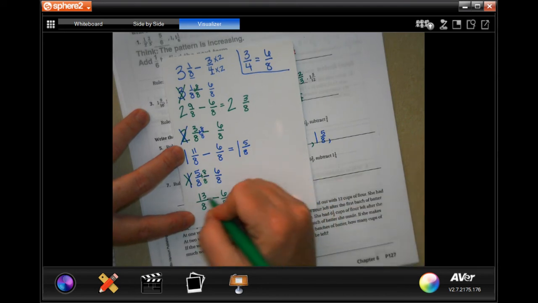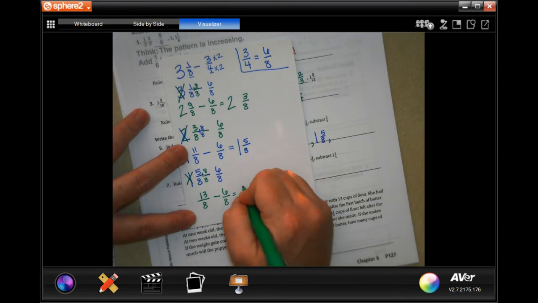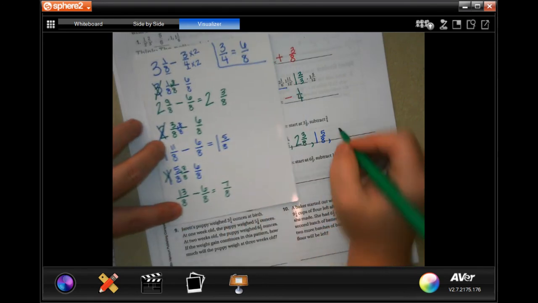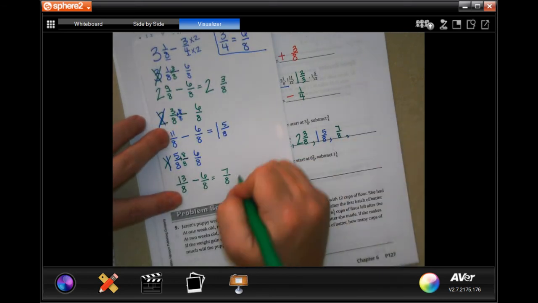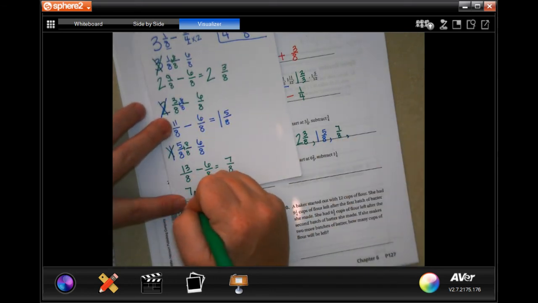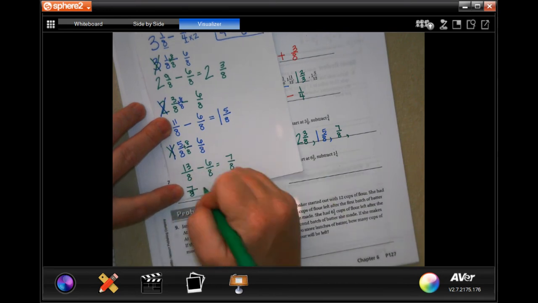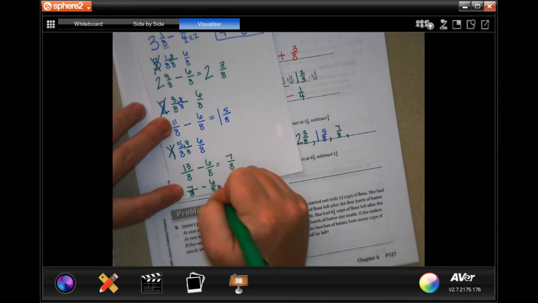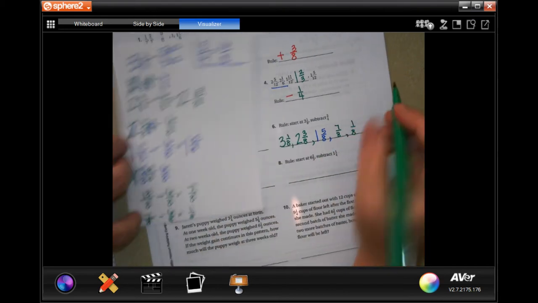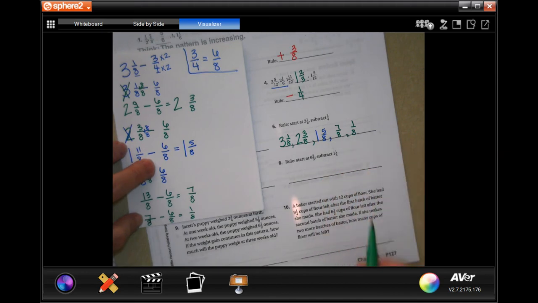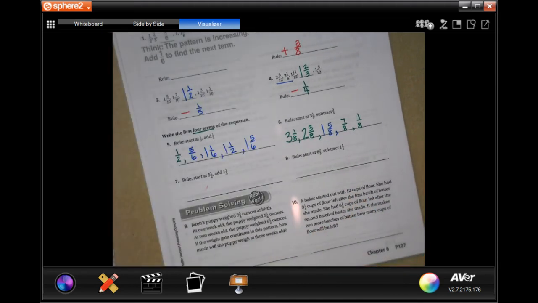Okay, 13 over 8 minus 6/8, I'm going to get 7/8. Okay, now if I take that 7/8 and I subtract 6/8, I'm going to get 1/8. Okay, there's your 1, 2, 3, 4. Okay, all right.